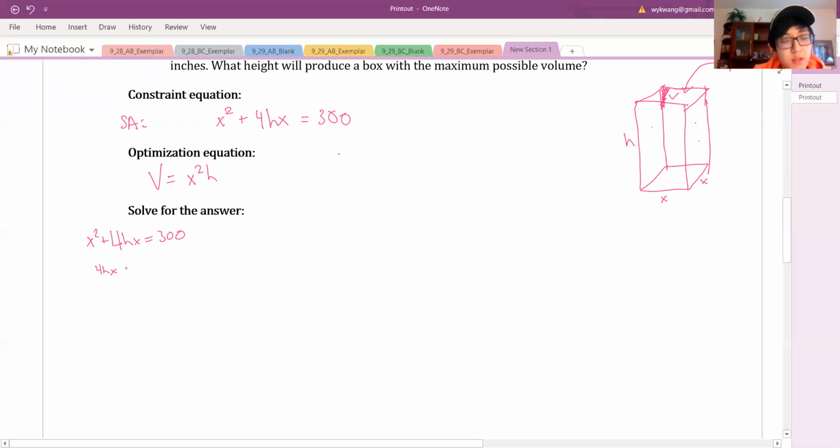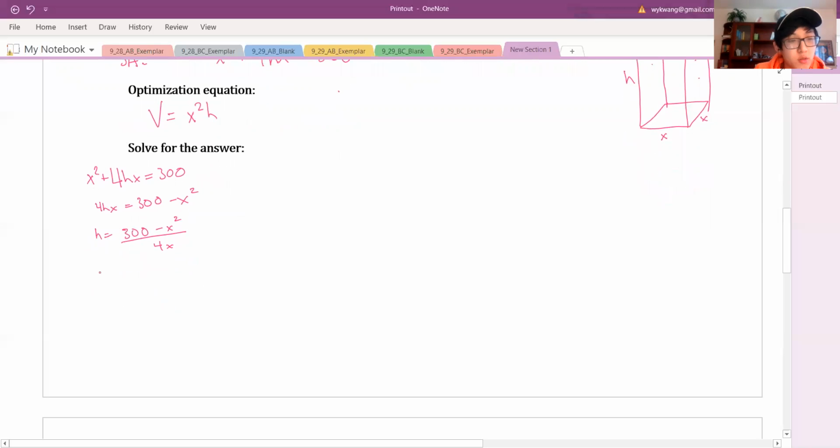So 4hx equals 300 minus x squared. So h is equal to 300 minus x squared over 4x, right? So I divided by 4x on both sides in that step. So just to make this easier for power rule, h is equal to 300 over 4x minus x squared over 4x.